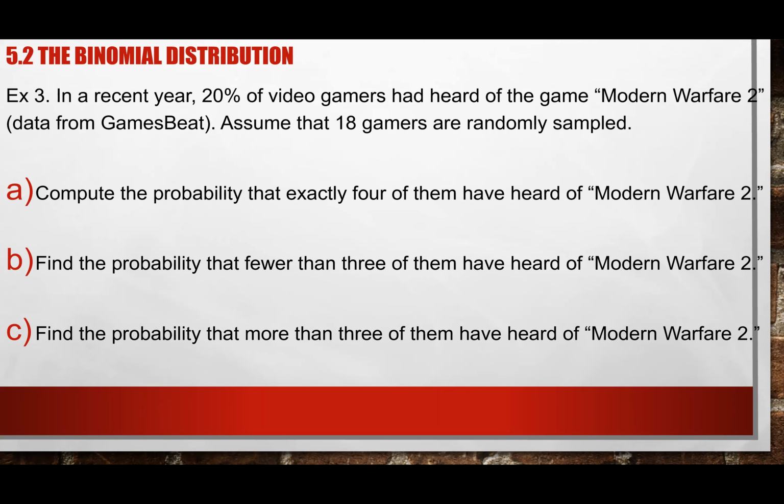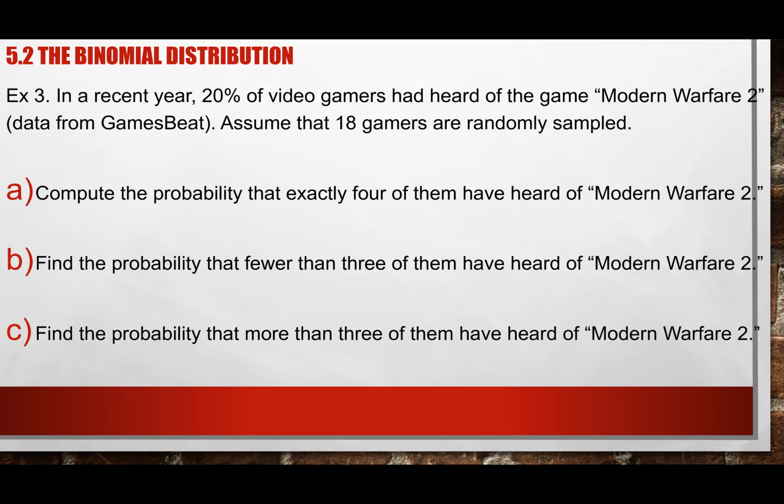In a recent year, 20% of video gamers have heard of the game Modern Warfare 2, from GameBeat. Assume that 18 gamers are randomly sampled. This information gives you two things: the probability and the n.